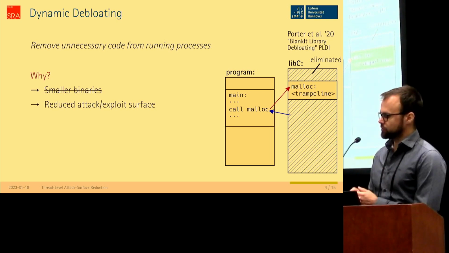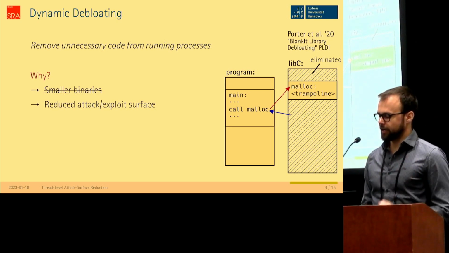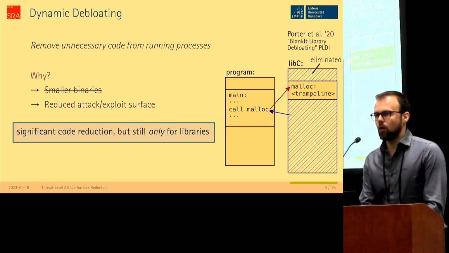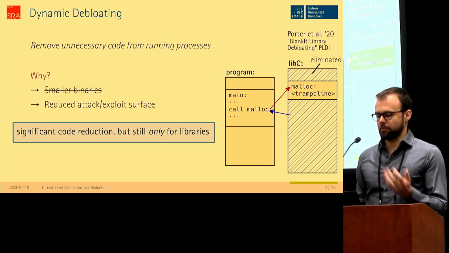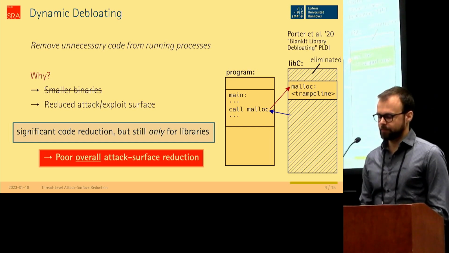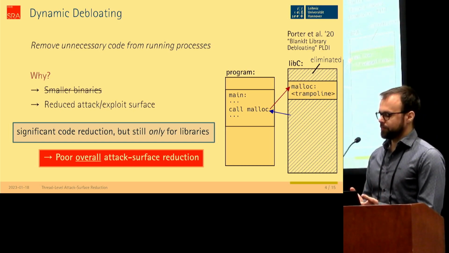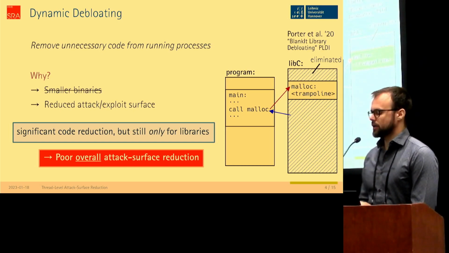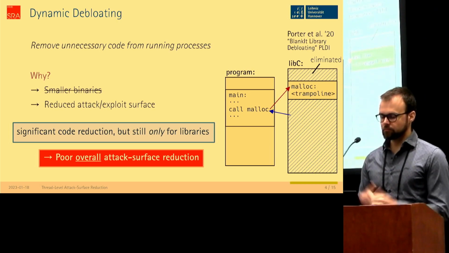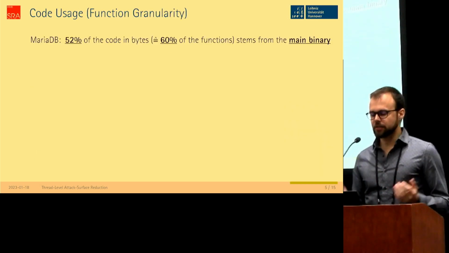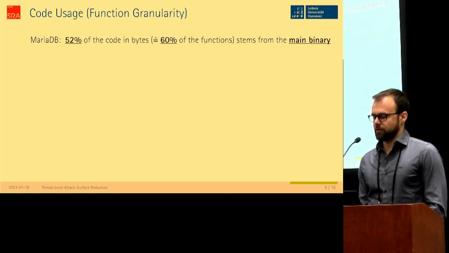And this, of course, results in significant code reduction, but sadly, still only for the libraries and not for the main executable, for example. So we still have a poor overall attack surface reduction. So how can we improve this situation? To better understand this, let's have a look at the MariaDB SQL database server, a typical server application, I would say.